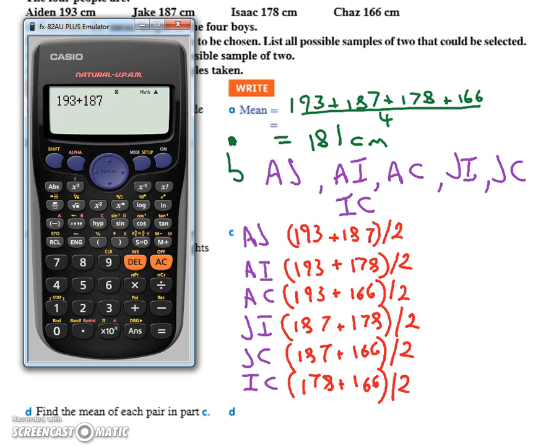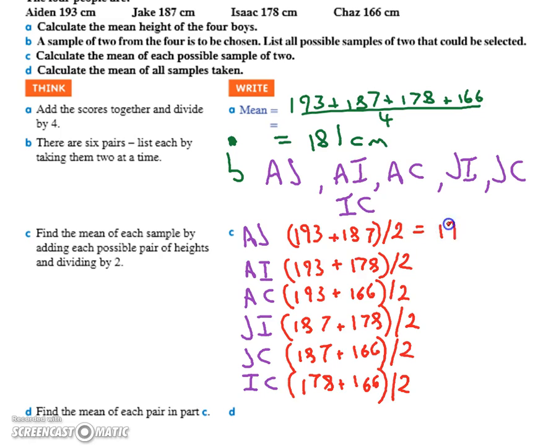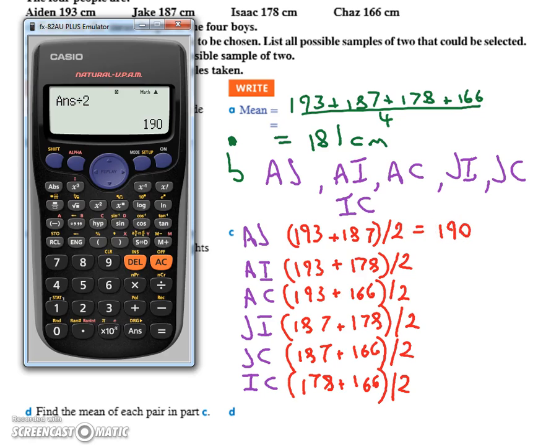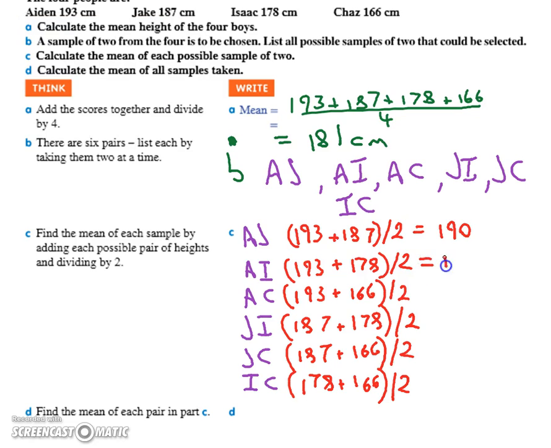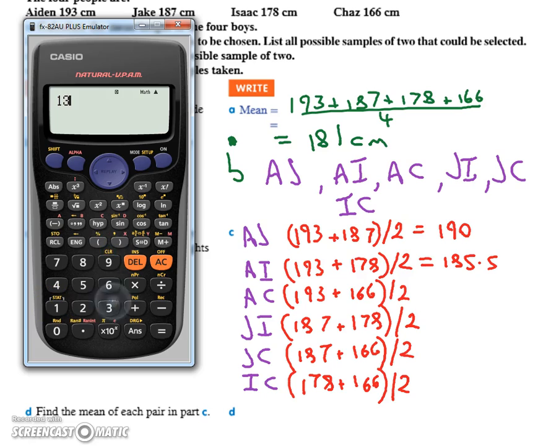187 equals 190. 178, 193 plus 166. Delete. Now you can actually do that as long as you put it in brackets.